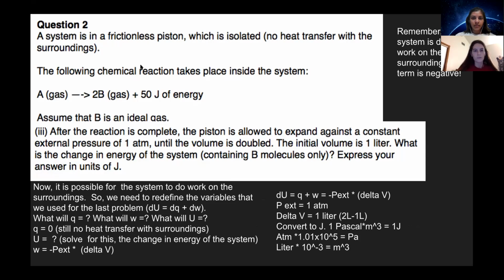I think the 50 joules of energy given off is still sort of within the system, that's what is causing the piston to expand, I'm pretty sure. If any other tutors have an idea about that.